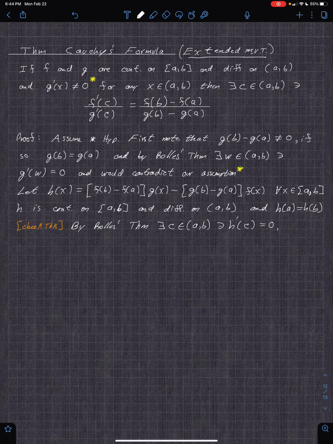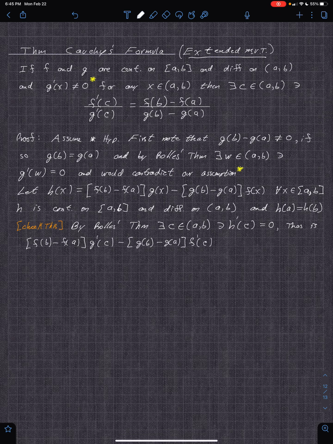And so now we're going to take h prime and see what you get. What you have is f of b minus f of a times g prime of c minus g of b minus g of a times f prime of c, because you're just taking those derivatives.